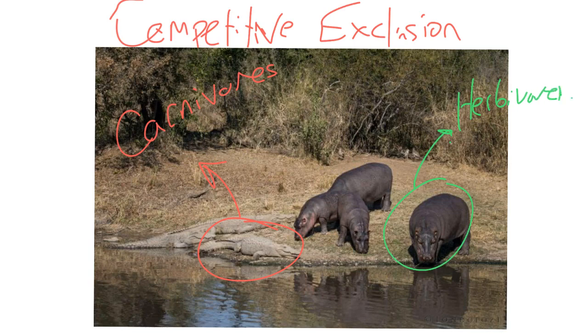So as they're occupying the same ecosystem around this pond, this lake, or whatever this is, they're not competing for the same resources. The alligators are looking for something to eat that's living, and the hippos are looking to eat something that's maybe green and doesn't move so fast. Because they have very different roles, and their roles really don't overlap, they can occupy the same ecosystem together because of how different their niches are.